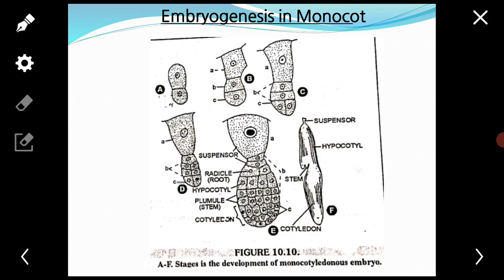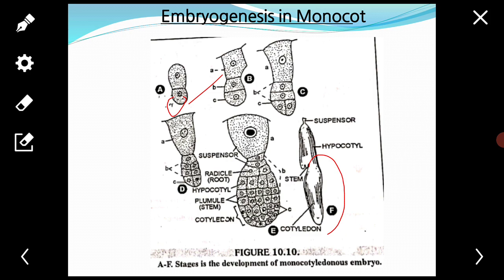In monocotyledons, about one half of the terminal cell derivatives function as root apex, whereas the remainder of the cells undergo a rapid rate of cell division, resulting in the formation of a single terminal cotyledon. So it is the monocotyledon.